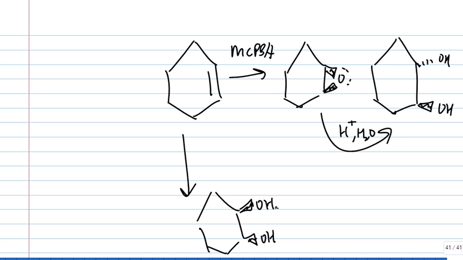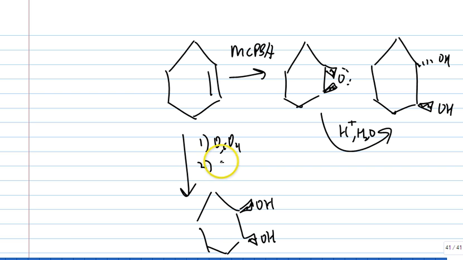If I want a syn addition of two OHs, meaning the same side, have you talked about the reaction with OsO4? Yes. What's the name of that one? Dihydroxylation. Okay, yeah. So, we did that one. Let's go over it because it's the exact opposite. It'll give you a syn addition of two OHs.